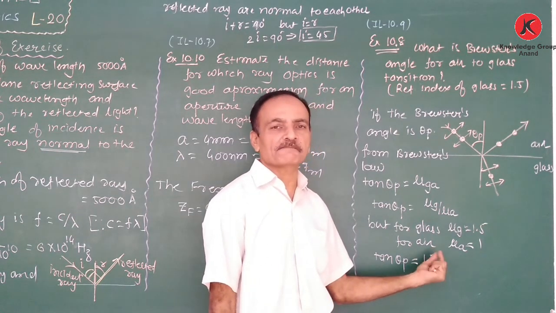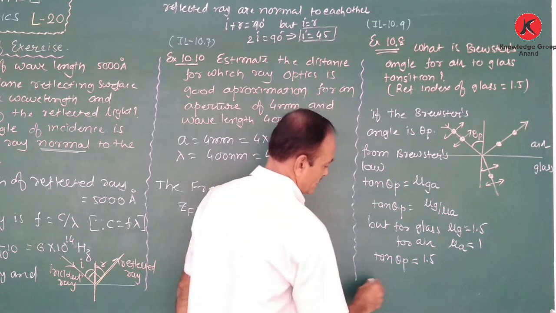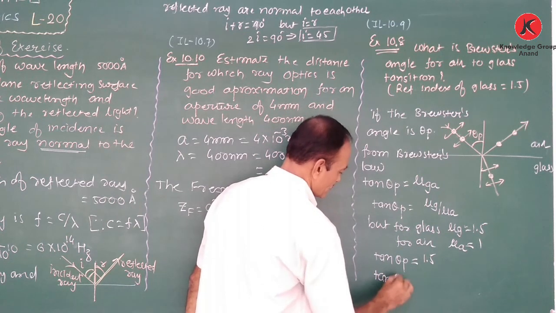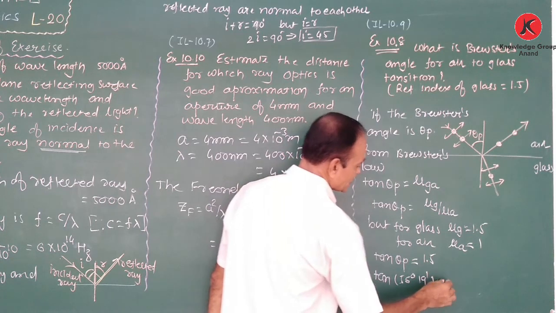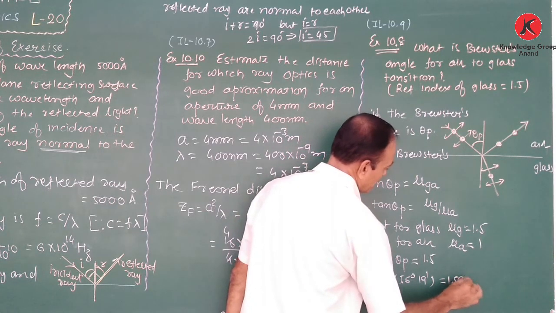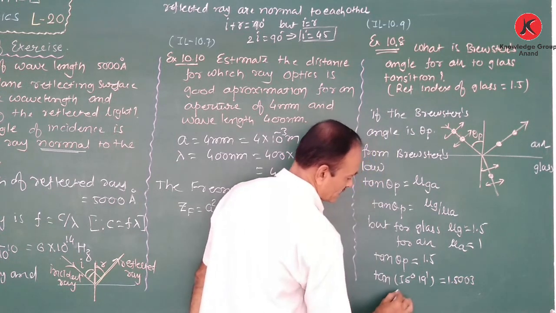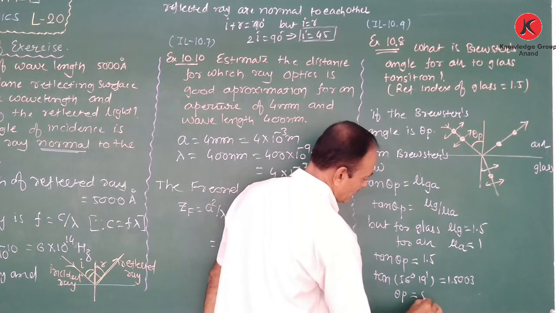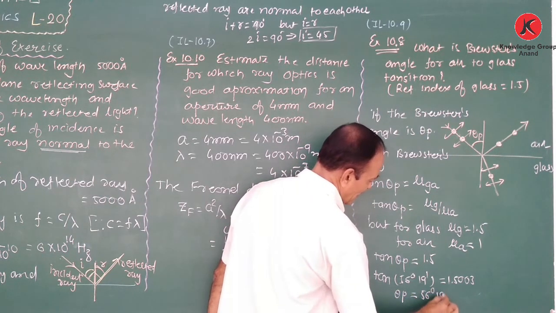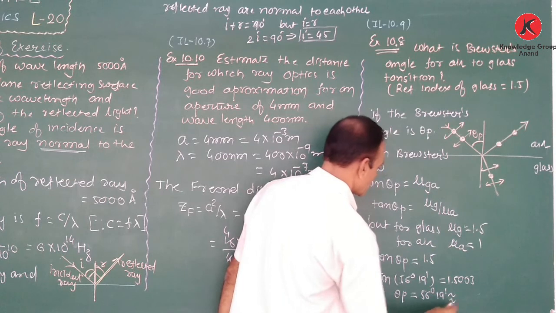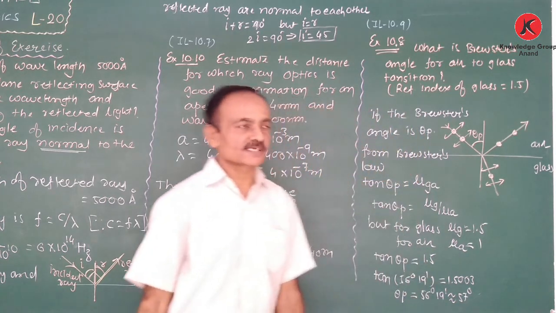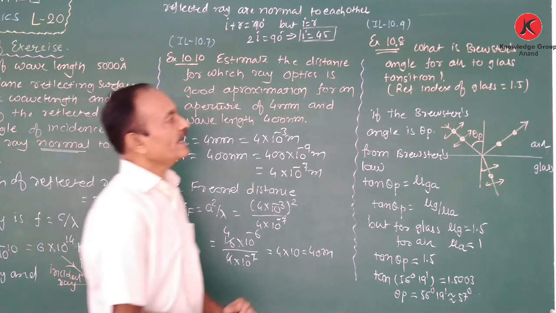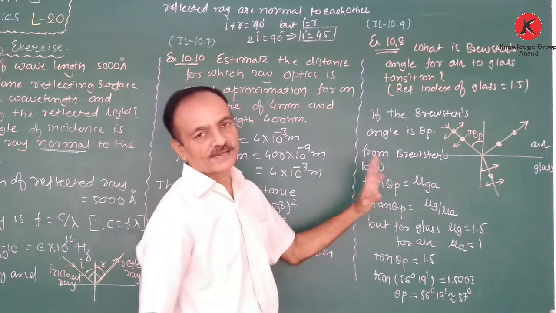Approximately consider this as 57 degrees. Therefore, tan 56 degree 19 minute is equal to 1.5003. Therefore, theta p is equal to 56 degree 19 minute, or 57 degrees. So that is the Brewster's angle for air to glass transition.